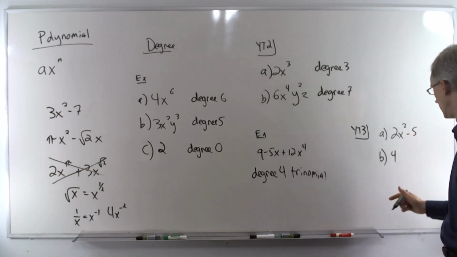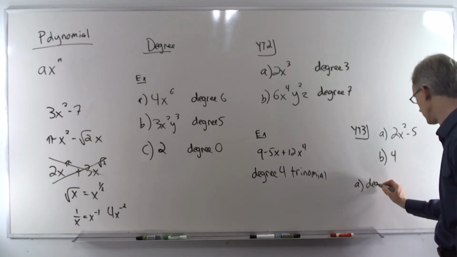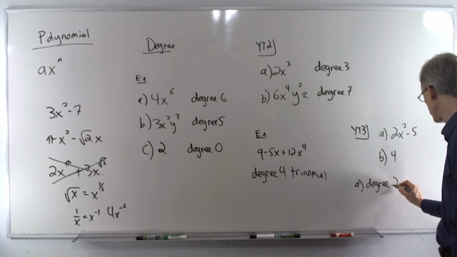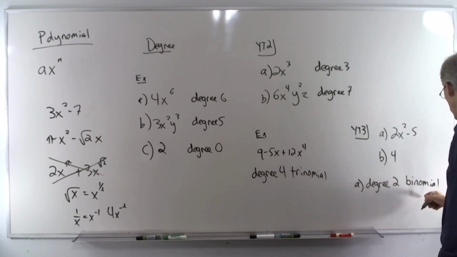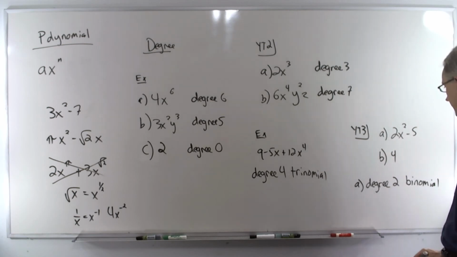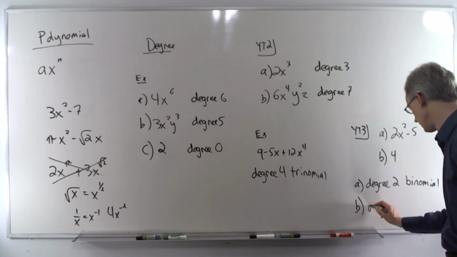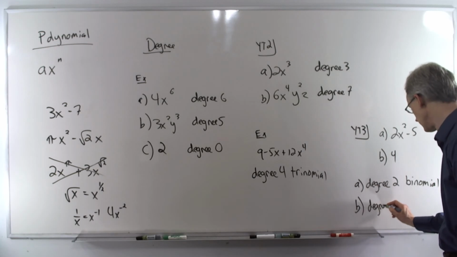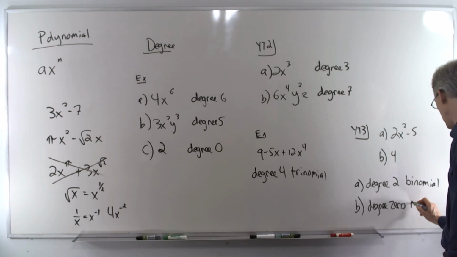Highest one is 2, so part A is a degree 2 binomial. Binomial because it has 2 terms. And for B, this would be x to the 0 power. Any constant is a degree 0. It has 1 term, so it is a monomial.